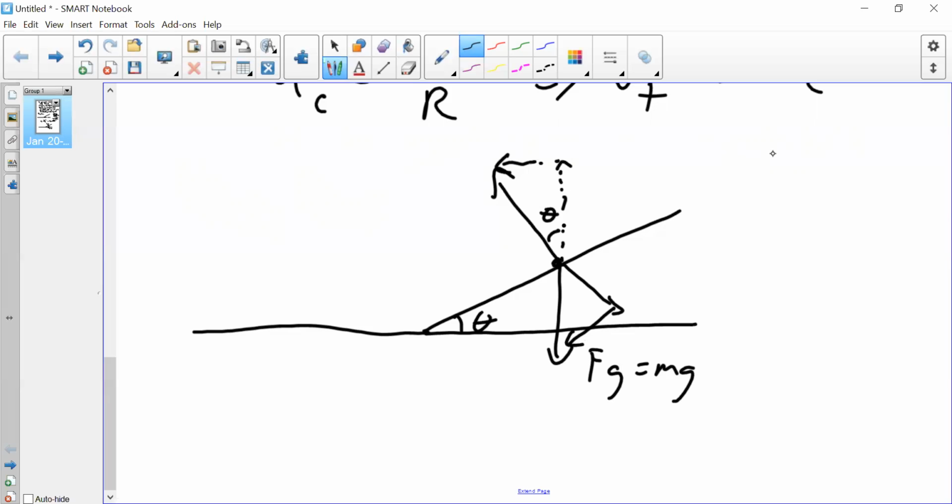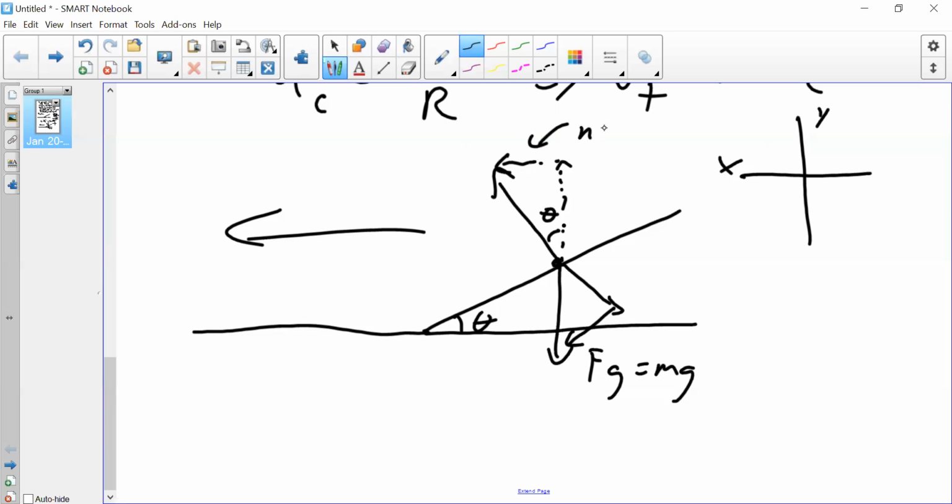Actually, our perspective is this, because x is going to go towards the center of the circle as he rounds the ramp. This will be sine theta, because it's opposite the theta. And then this is cosine theta.